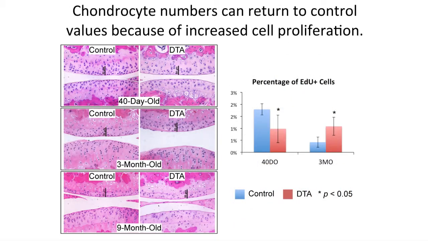Now, the other thing that was surprising to us was, again, that the chondrocytes over time come back in number, and that's because if you actually measure, using the confocal microscope, cell division in the diphtheria toxin-treated mice, cell division occurs at 2 to 3 times the rate as in a wild-type mouse, which is what causes the replenishment of numbers.